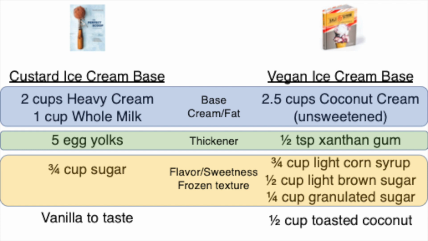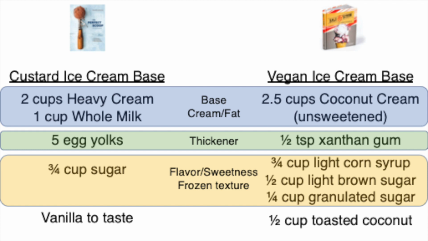Whenever I teach this class, one of the questions people always ask me is, what's the biggest difference between ice cream and gelato? There aren't a whole lot of differences between the way you make ice cream and the way you make gelato. The biggest difference is the temperature at which you serve them.